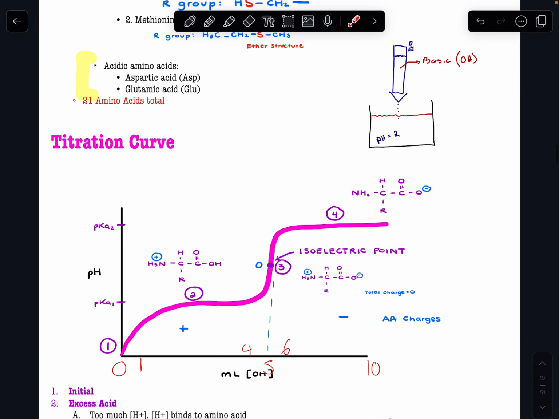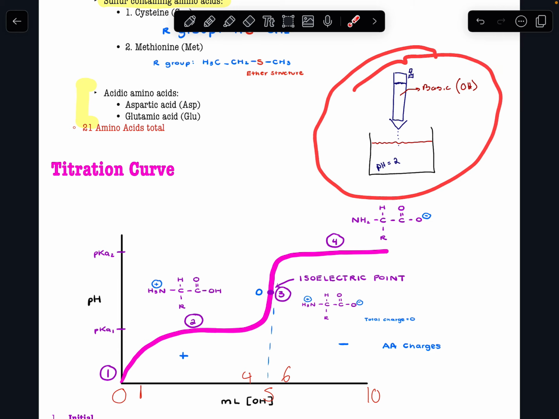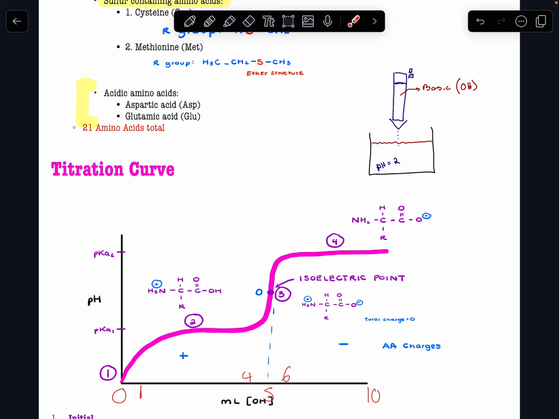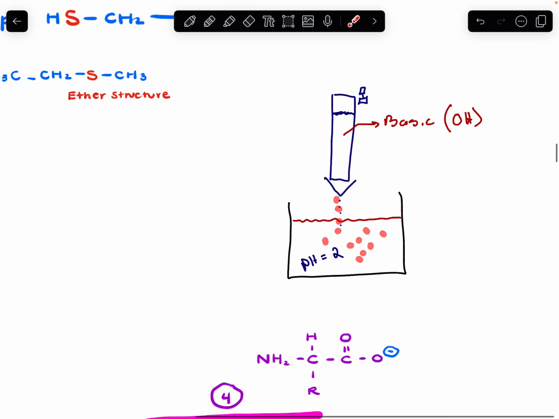What this is pertaining to, for those who are not familiar with titrations, is this little diagram, very basic, demonstrating what's going on. You're starting out with a solution, and let's say it's an acidic solution, so you're going to have a low pH. You have a titration pipette above the solution, loading it up with a basic component and slowly dropping bits of a basic solution into the acidic solution.